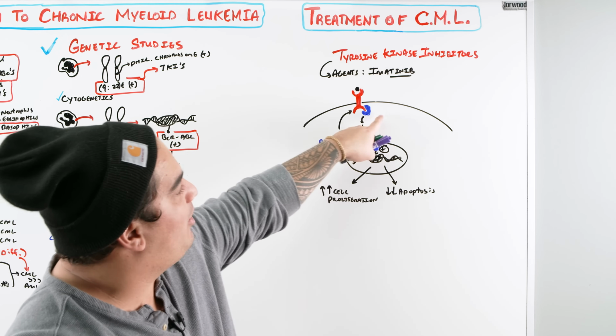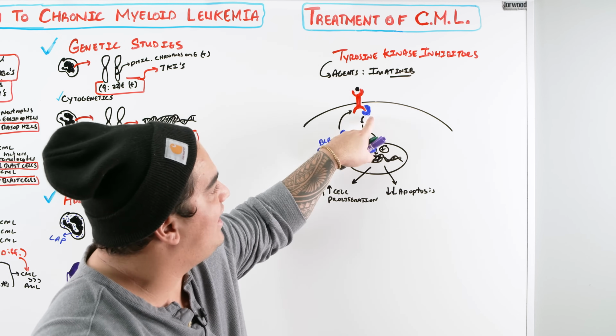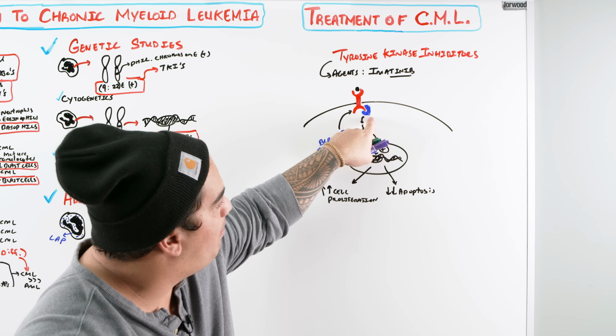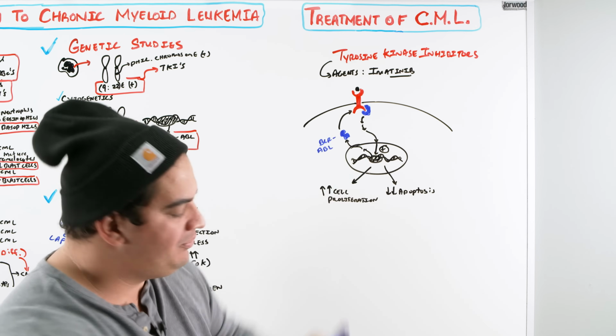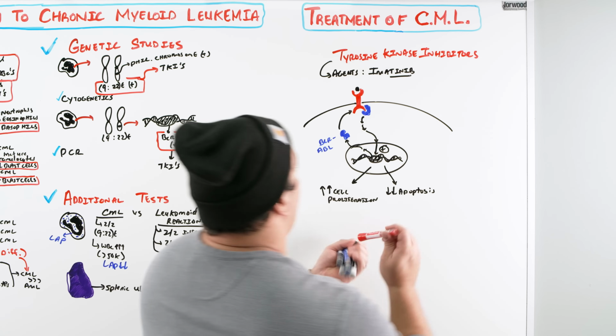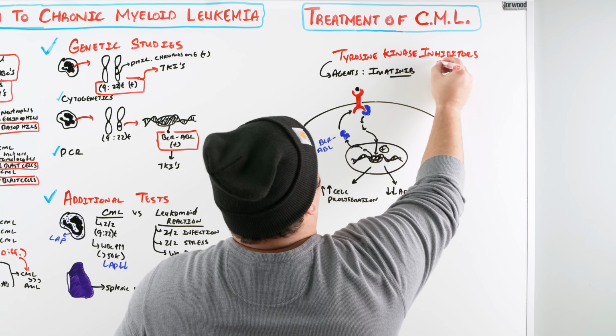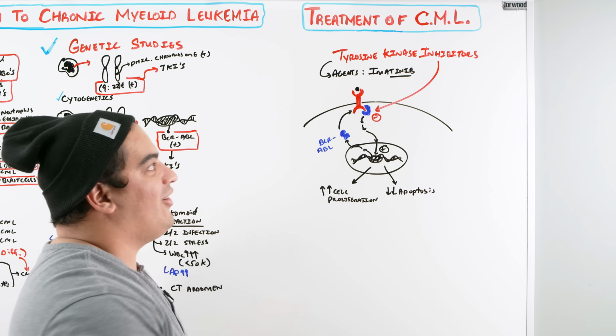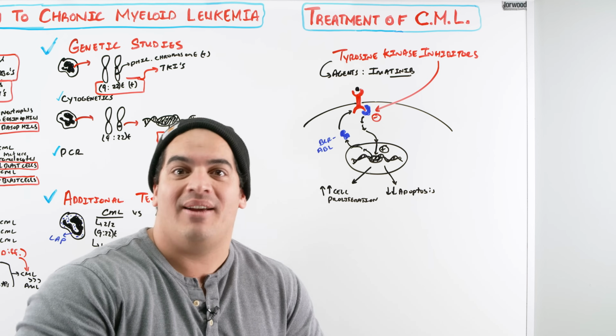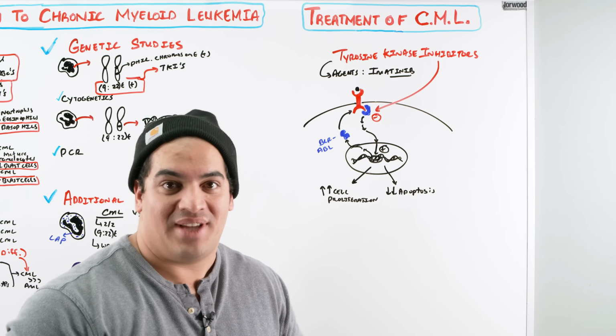So what if I came up with a way that I gave a tyrosine kinase inhibitor, and I bound a drug to that BCR-ABL protein and inhibited it? That's what these tyrosine kinase inhibitors do. These drugs bind to the BCR-ABL fusion protein and inhibit it from hyperactivating this receptor.